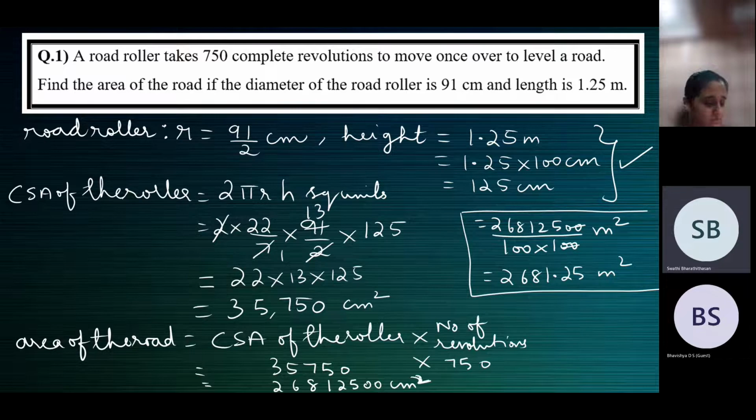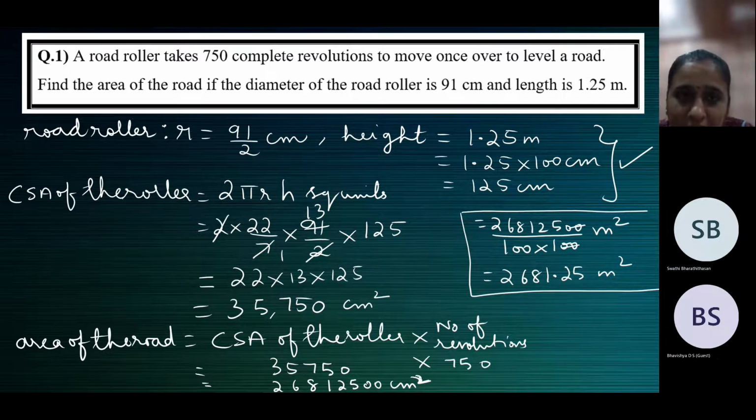Ma'am, I can't understand why they are doing CSA into the number of revolutions to find the area of the road. Correct. Now, which part of the roller will roll on the ground? A road roller is cylindrical. You must have seen a road roller.